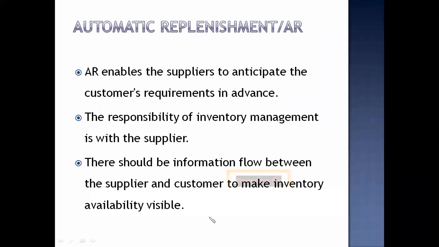But for this to happen, there should be information flow between the supplier and the customer to make the inventory available. This is similar to vendor managed inventory. So similar to that, here again, the supplier is anticipating. The supplier is expecting the customer's requirement in advance. So the responsibility of inventory management is not with the customer or the company, it is with the supplier.